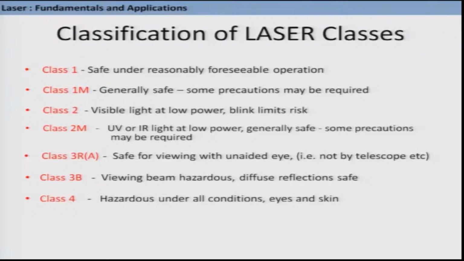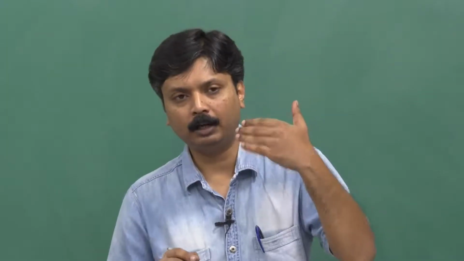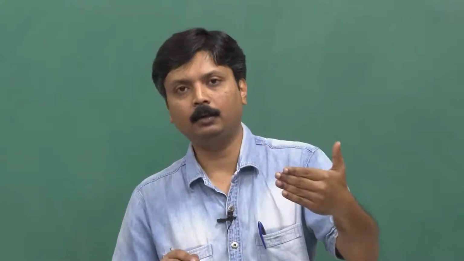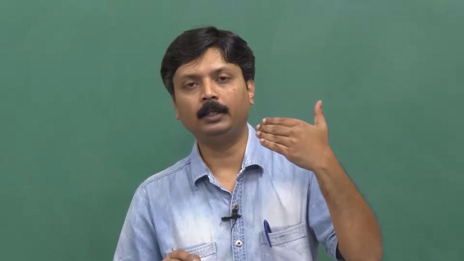Now, when you come to class 3 lasers like class 3R or class 3A, it is safe for viewing with an unaided eye, but if viewed with a telescope or something like that, it can be really dangerous. Class 3B has a hazardous beam, and if any surface where the laser light is falling can reflect it to you, it can be really dangerous.